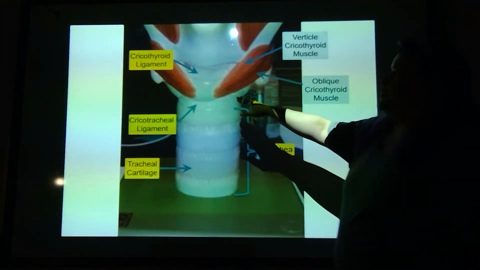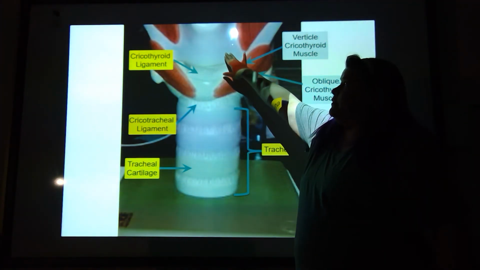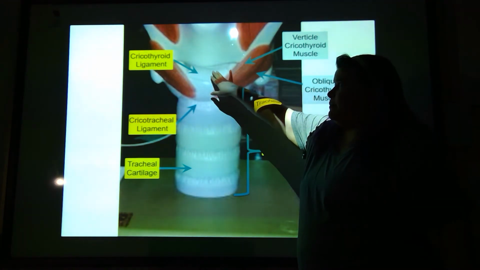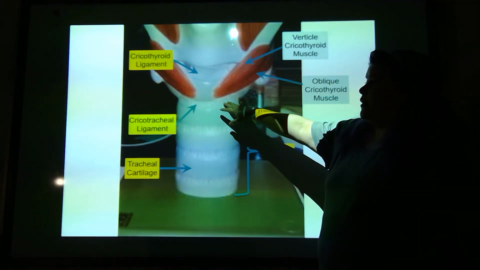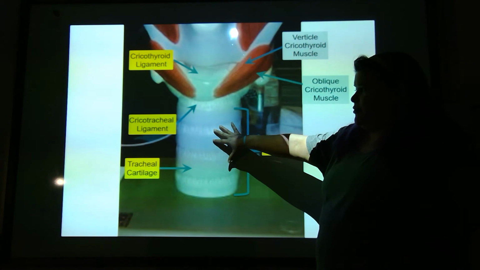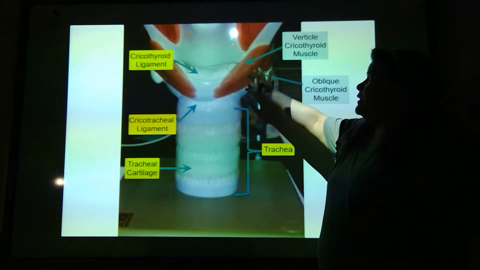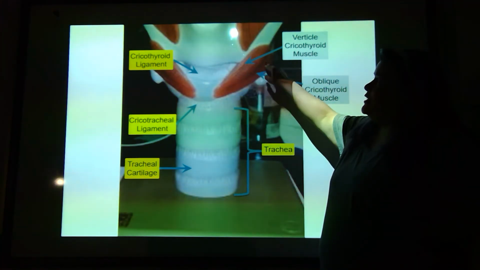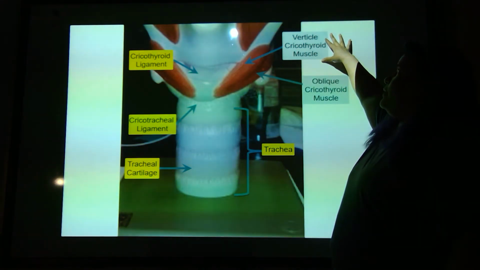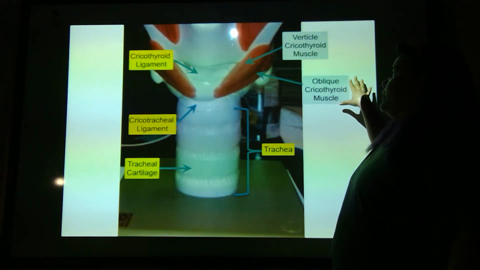Okay. So there's the cricothyroid ligament, thyroid cartilage, cricoid cartilage, ligament in between. The cricotracheal ligament, because this is the trachea with the tracheal cartilage. Here, there are actually two muscles, the vertical cricothyroid muscle and the oblique.